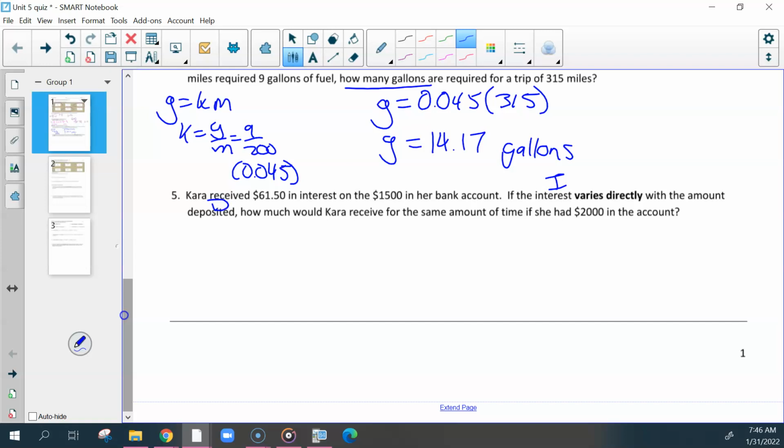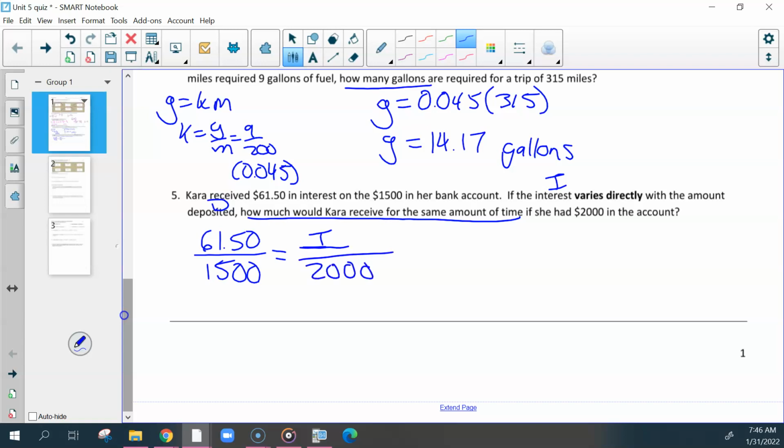And then setting this up, 61.50 over 1,500. So interest over deposited. And then you need your interest again, and that would be what we're looking for, over your 2,000.